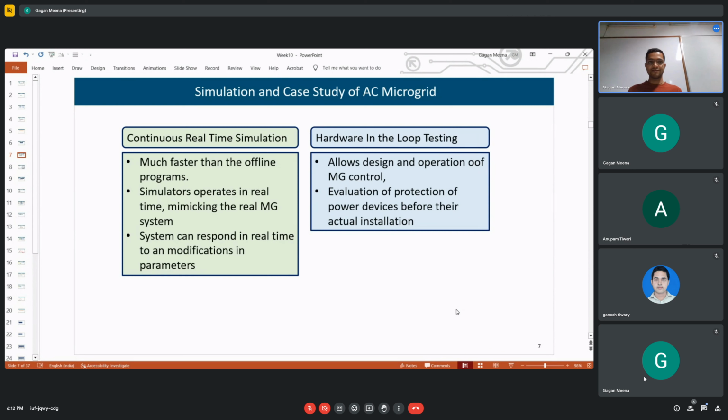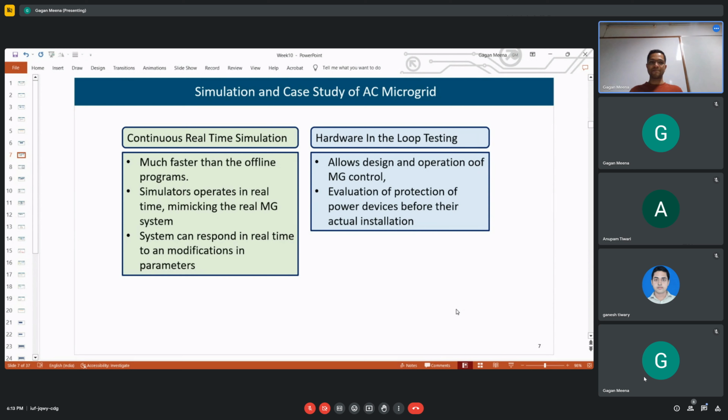Because those models work at very small time steps, at millisecond and microsecond levels, whatever changes we make within the simulation, suppose I increase the load, I can see the impact within a few milliseconds itself. These simulators are very fast, very quick. One example is RTDS.